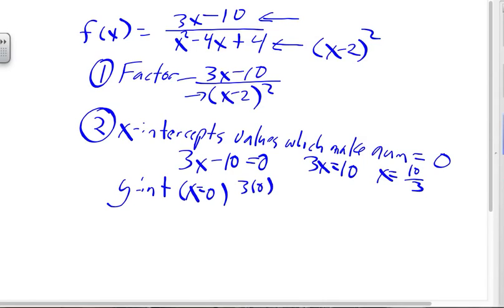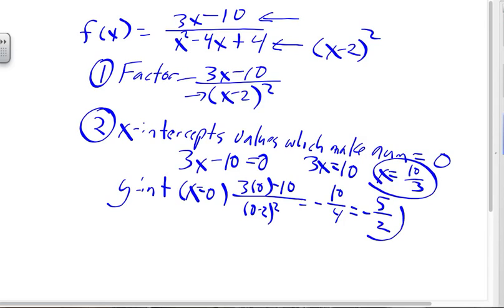We'll have 3 times 0 minus 10 over 0 minus 2 squared, which is going to give me negative 10 over 4, or negative 2.5. So there are my x and y intercepts. Remember, the graph has to go through these points. The x-intercept is where it crosses the x-axis, and the y-intercept is where it crosses the y-axis.